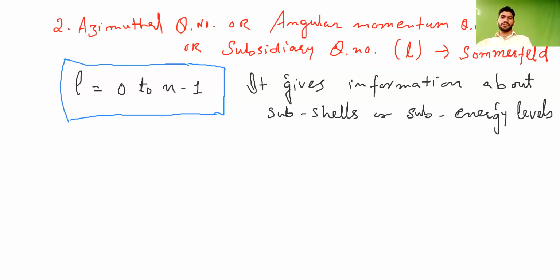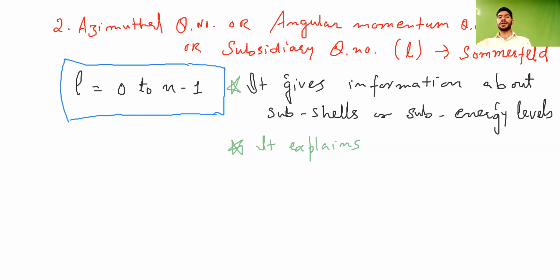Now this is very important. Let's see what it actually explains. I told you that the first quantum number explains the main lines of spectra. Now this second quantum number explains the fine lines of spectra. As I have told, one of the limitations of Bohr's model was that it could explain the main lines of spectra, but could not explain the fine lines.